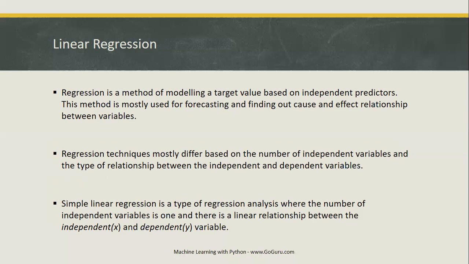Things like that. If you talk about linear regression, there are two types. One is simple linear regression, which means you have one X value and you're predicting one Y value. That's it. In the case of multivariate linear regression, you have multiple features, which could be x1, x2, x3.